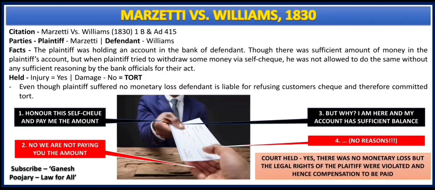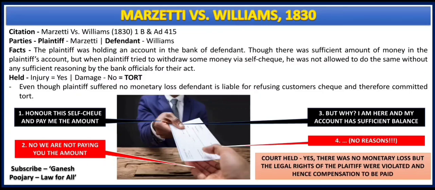Now Mazity put a case against the bank and the court held that yes, there is a violation of legal rights of Mazity. He had money in the bank and he gave the self cheque and he was supposed to get money, but the bank, without having any specific reason, has not given money to him. Now that has not caused any kind of loss to Mazity because there was no way he lost the money.